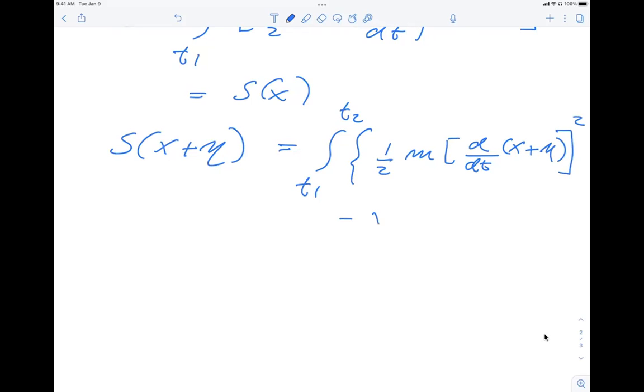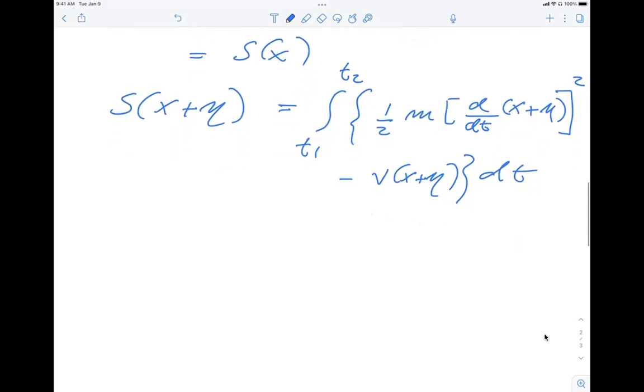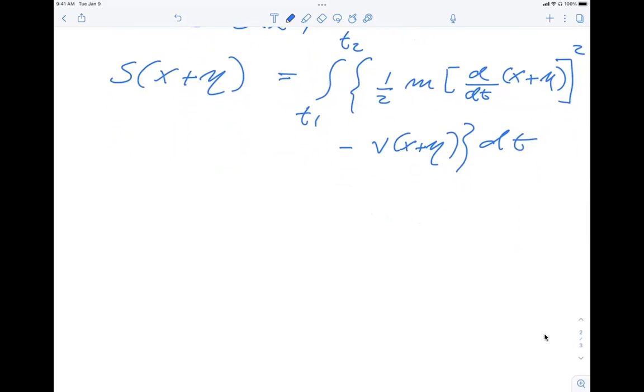And then I have minus v of x plus eta. And then this is integrated over time. Now, the thing which I need to be a little bit careful with is obviously the quantity which I have, which is dx dt plus d eta dt.